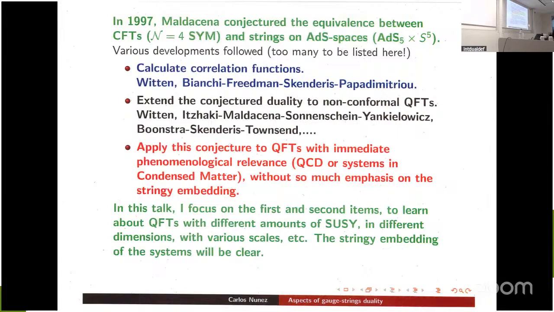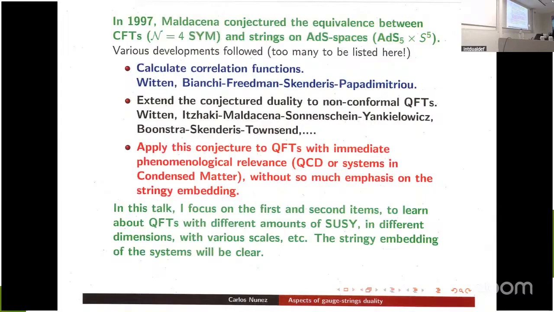And very many developments followed. The ones I would like to focus attention on are these ones written here, and those are some of the initial papers that triggered the topic.